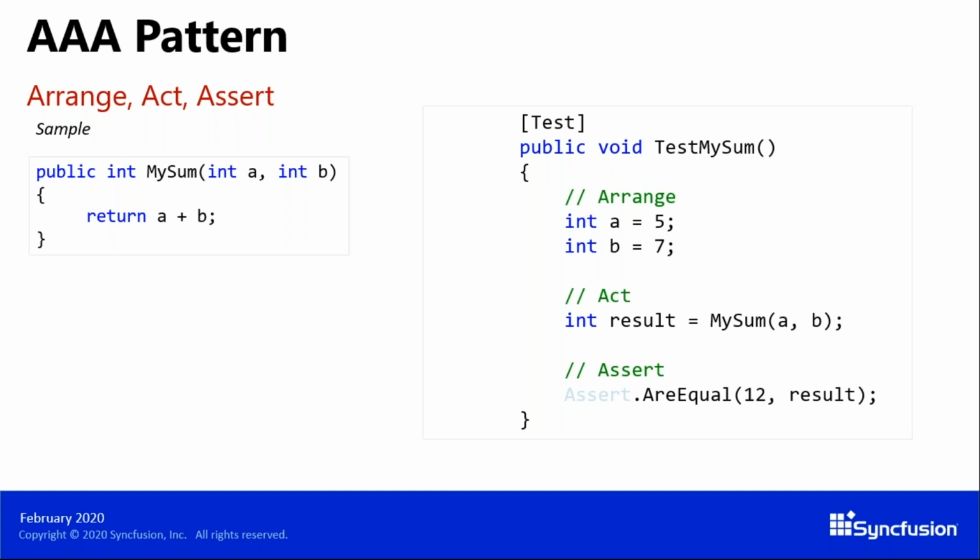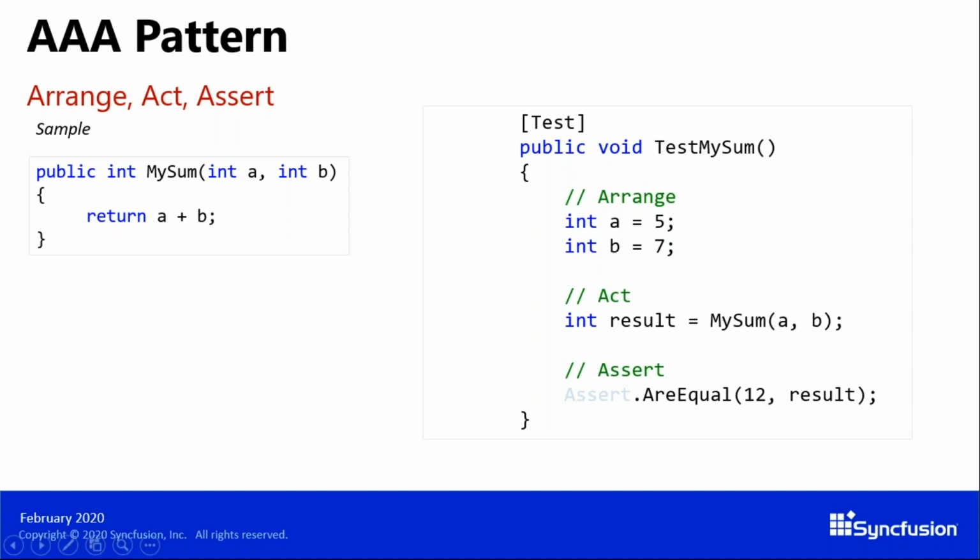So if, as in this example, you want to test if the sum is okay, you create two variables, for example, a is 5 and b is 7. You act: you call the method that you want to test, and then you assert that the result of your method is the same as what you are expecting. And we will do basically a very similar approach in our UI test.